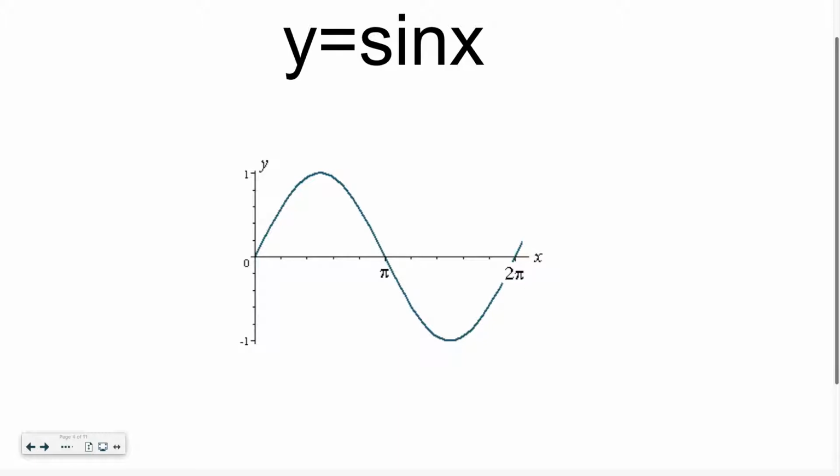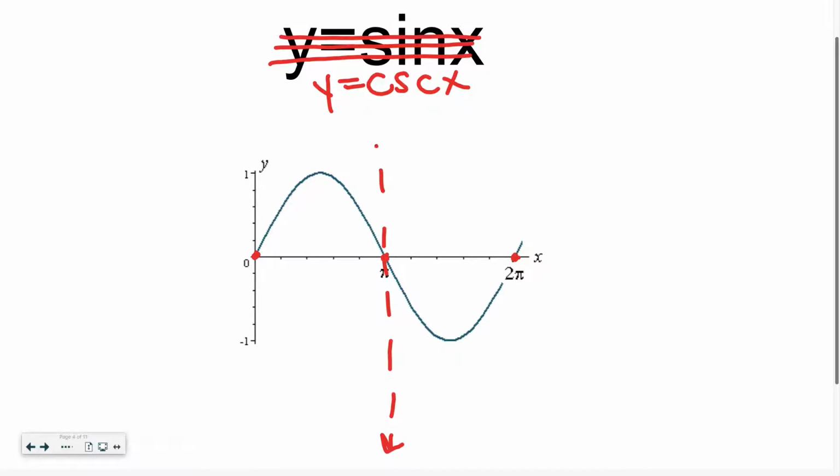Okay, so we just talked about wherever the sine is 0, then when we take its reciprocal, y equals the cosecant. If we were to take the reciprocal of 0, that is going to turn into an undefined value.